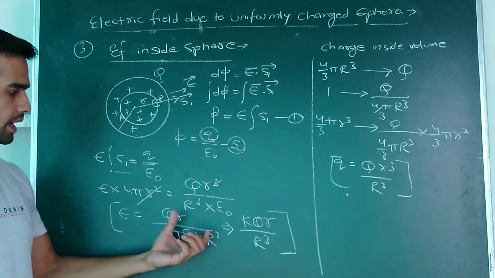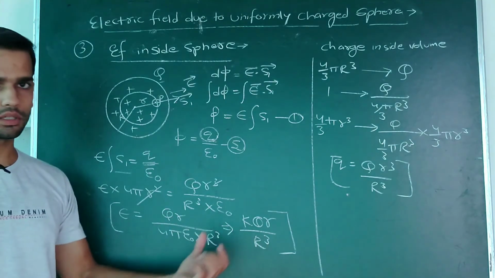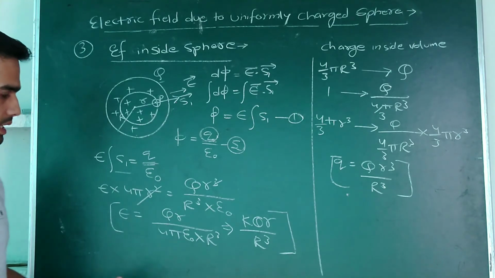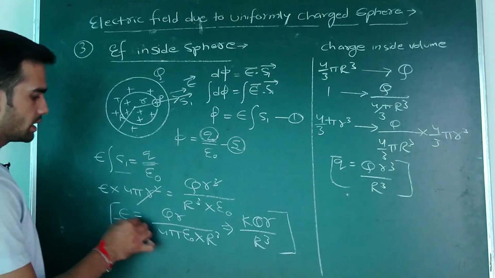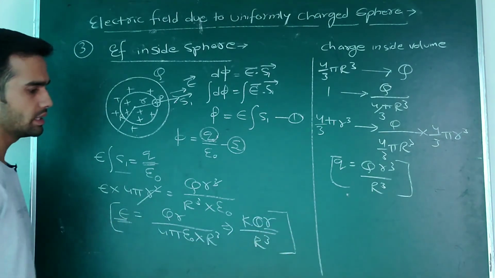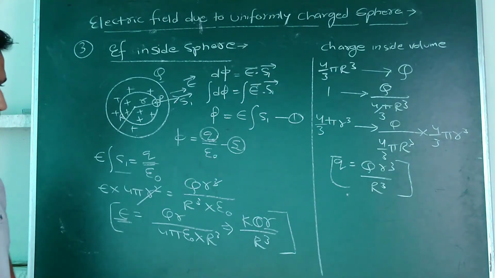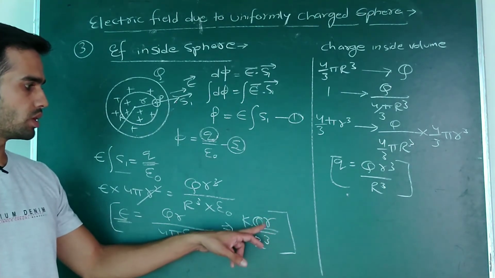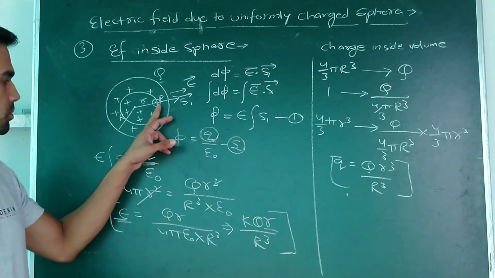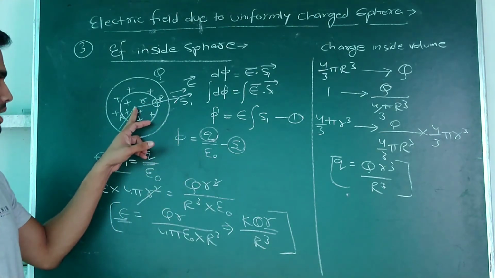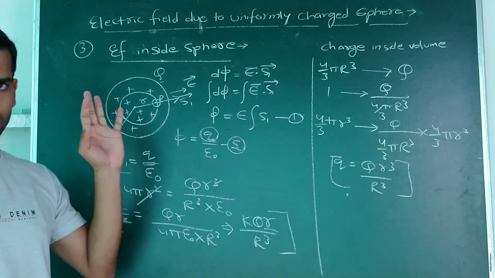Okay, and from this result, it is clear that the electric field is directly proportional to distance from the center of a sphere. If we put the value of small r equal to 0, it means the point P is situated at the center, then electric field becomes 0.